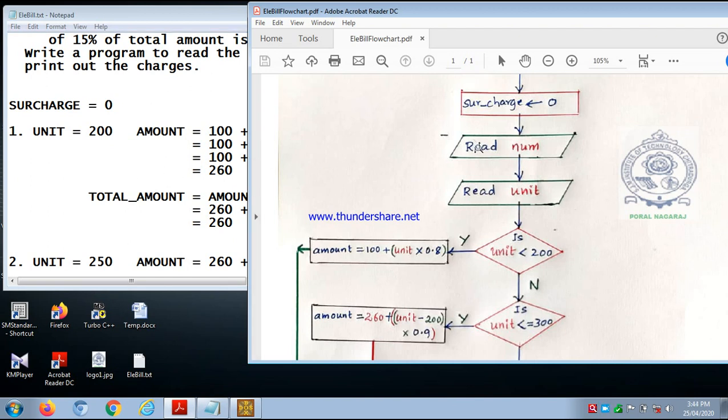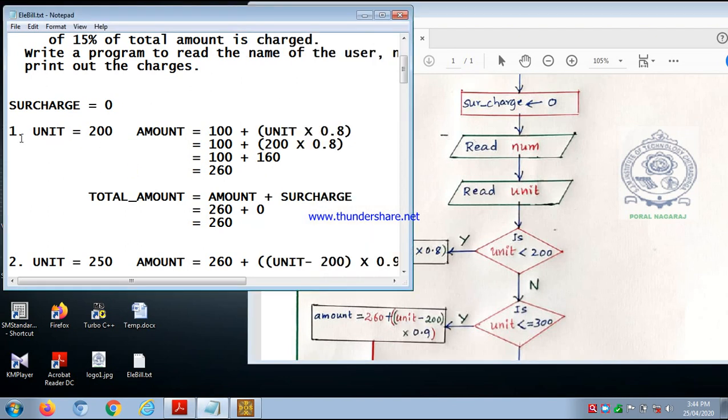Sorry, it is not number, it is name and unit. So instead of NUM, please make it NAME. Then read unit, so name and unit are our two inputs. Then based on the unit we are computing.